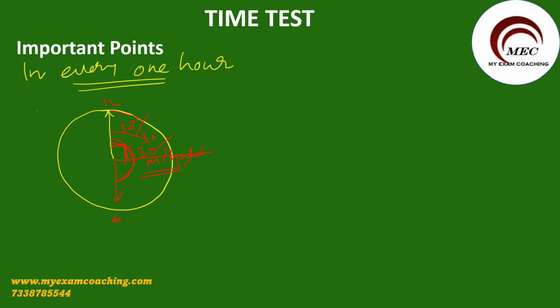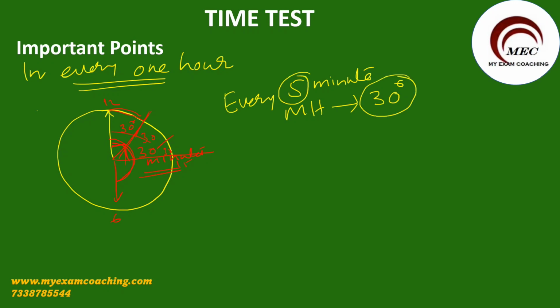So every 5 minutes the minute hand moves 30 degrees. 5 minute में 30 degree बनाता है. So in 1 minute it will become 6 degrees.